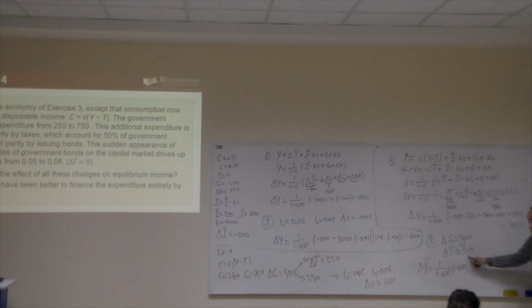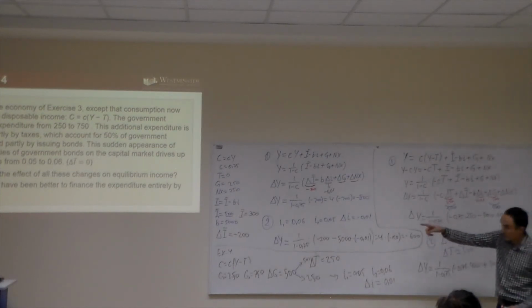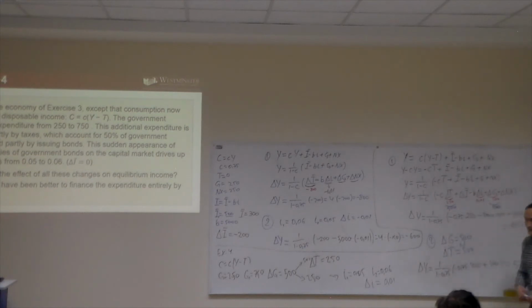The injection to the economy was 500, and the outcome is also 500. There is no change, like a balance. So the question, would it be better to finance it only by tax? No. It is better to finance partially by tax and partially by issuing bonds. Okay, this is done.